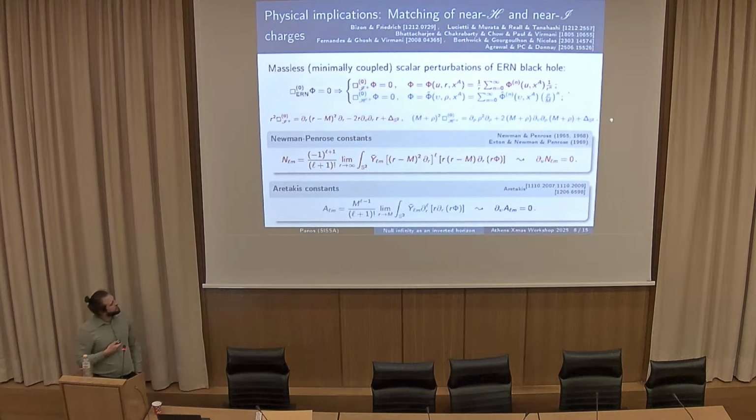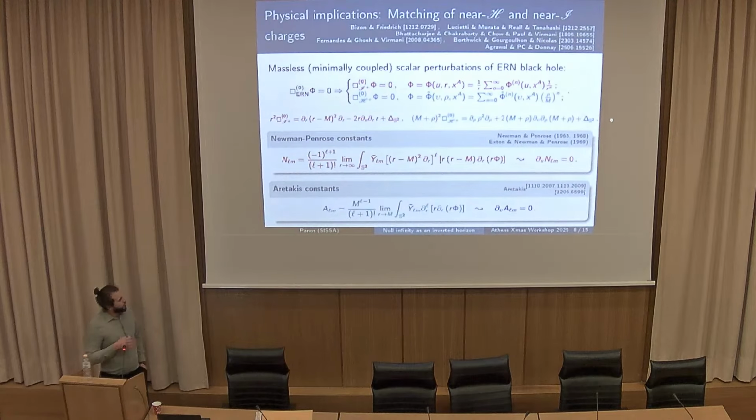The second line is the same equation, but now adapted in a coordinate system that is suitable for analyzing equations of motion near the event horizon, where now the scalar field is expanded into near-horizon modes, rho to some power modes.